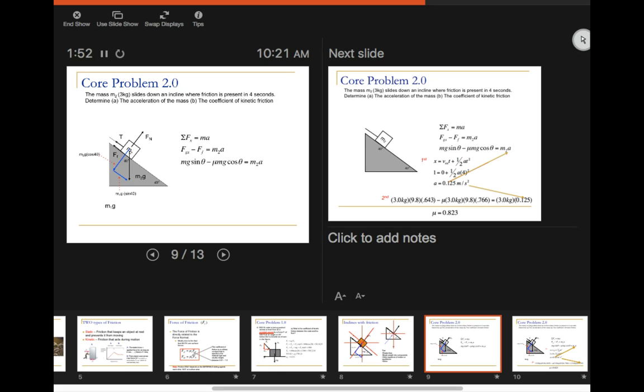So let me give you all a chance to catch up with your drawings. When I put a mass on an inclined plane, the normal force acts up, which is what Cauchy said. Pre said the force of friction acts up the ramp. Cole said the tension acts up the ramp.